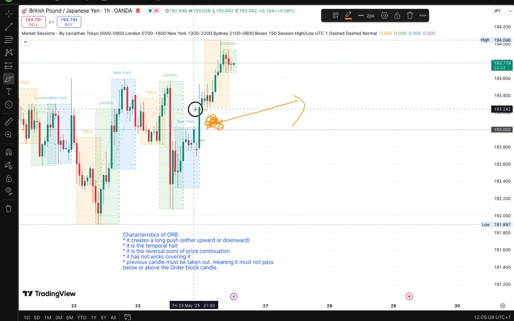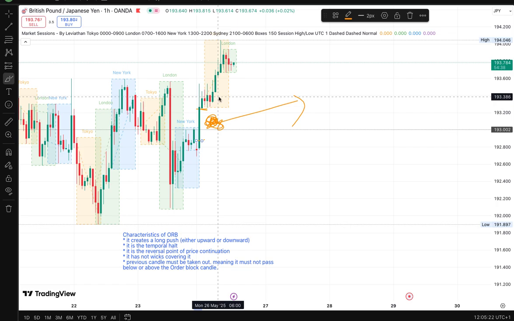Okay, you can see the candle before this large candle and the candle after this large candle created an imbalance, created a space, all right, that pushed the price to the upside. Do you understand? So let's look at order blocks like a significant place where we have buy stops or where we have sell stops.